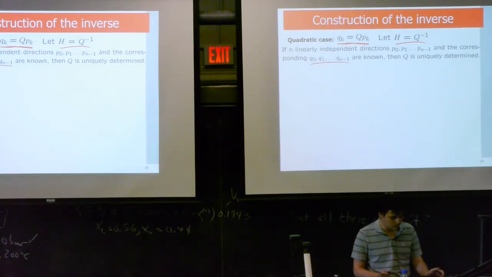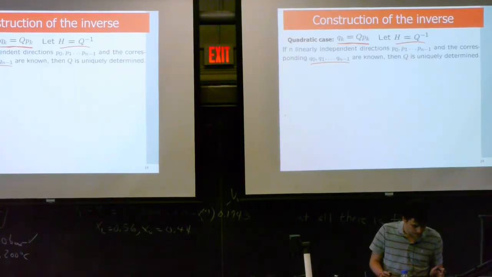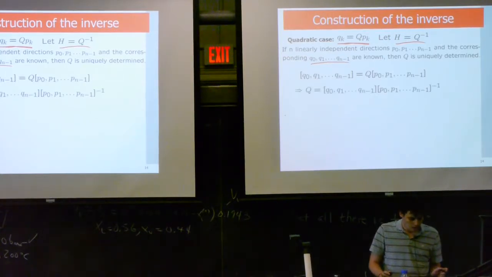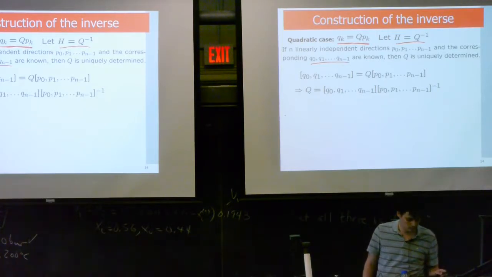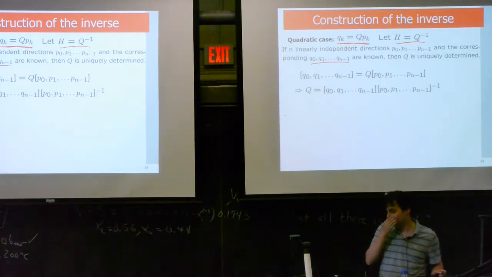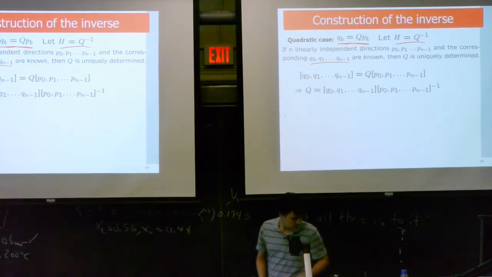Again, you remember the definition, I hope. So q is defined by this, p is defined by this. Then we can calculate the Hessian in this quadratic case, right?